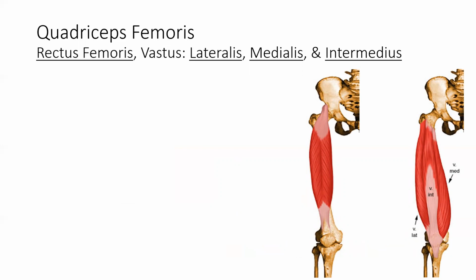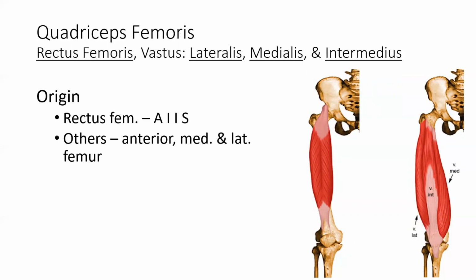Okay, now we're going to move anteriorly. We'll talk about our last hip joint muscle, which is rectus femoris, and then the rest of our quadriceps muscle group, which includes vastus lateralis, vastus medialis, and vastus intermedius. We talk about those three similarly and different than rectus femoris because rectus femoris has its origin on the AIIS, which is the anterior inferior iliac spine.